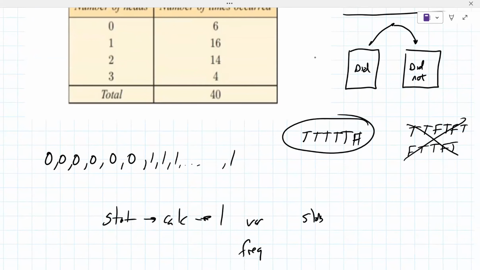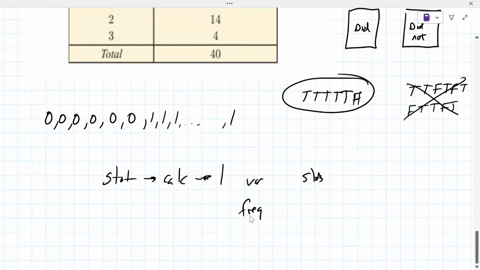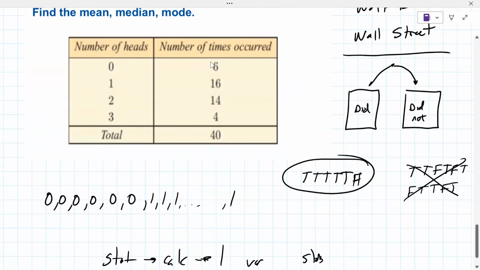Normally your data is in L1 and your frequency is just one, but you can change your frequency to be L2. Should I click second and then the number 2? Yes, the number 2.